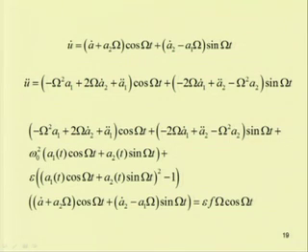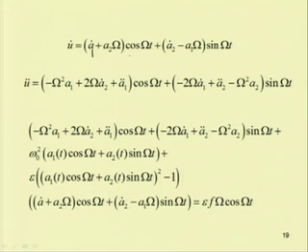Again differentiating this equation, u double dot equals the following. Differentiating the inside term, this will be (a1 double dot plus a2 dot omega) cos omega t.